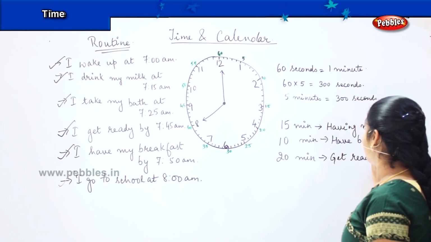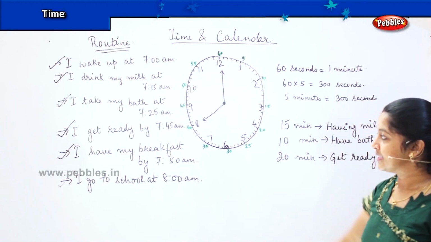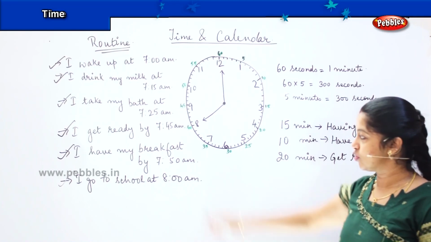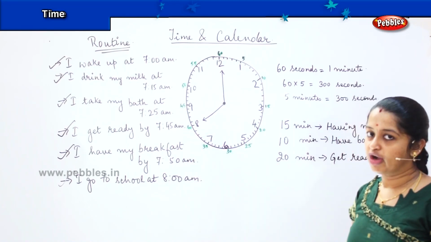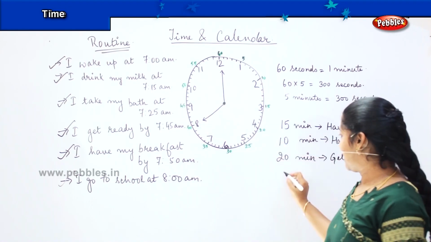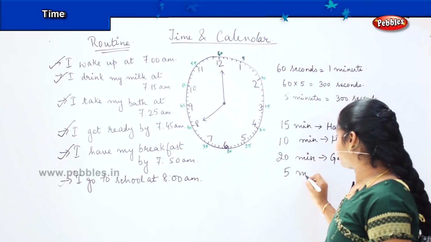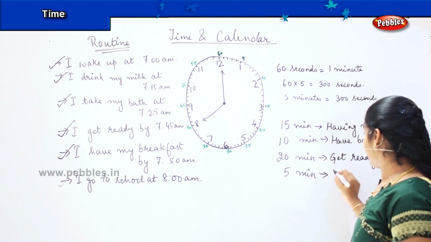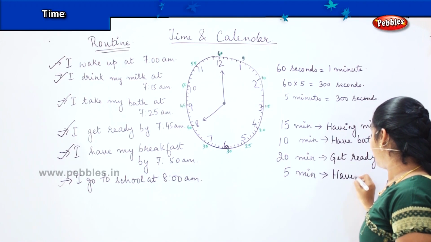Yes. After that, what do you do? At 7:45, you get ready and at 7:50, you have your breakfast. So, what is the time gap you are giving for having your breakfast? From 7:45 to 7:50. So, you take 5 minutes to have your breakfast.